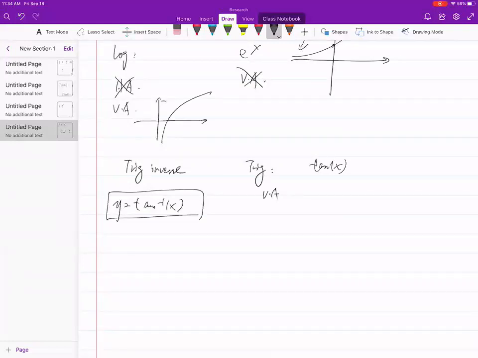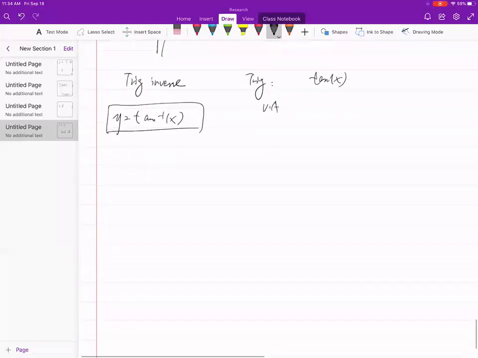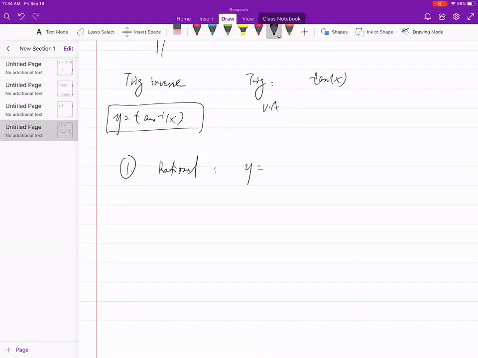Sounds good? Everything we had before, we only have 3 things. Number 1, rational. Okay. Number 2, exponential. Number 3, trig inverse. We had this before.